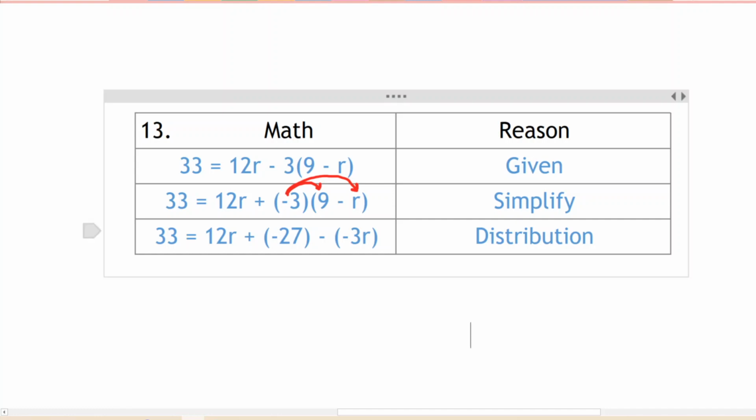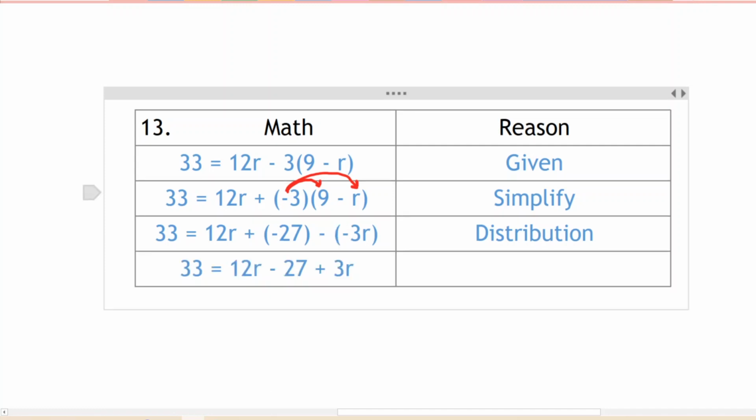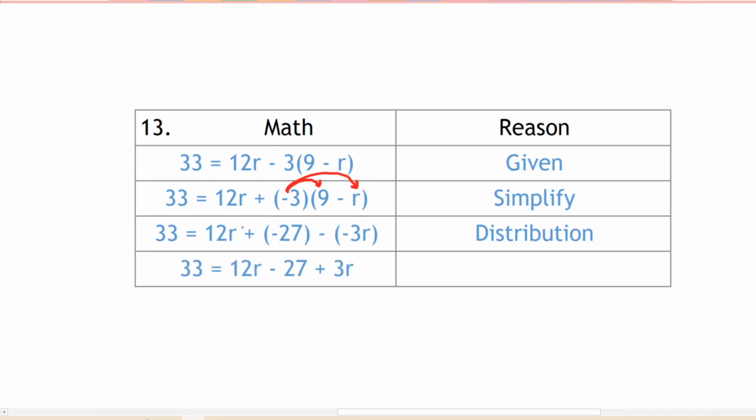I'm looking at this and I see two places where I can simplify. I'm adding a negative number, which is just the same thing as subtracting. And I'm also subtracting a negative number, which is just the same thing as adding. So when I simplify, this plus a negative number is the same thing as subtracting.